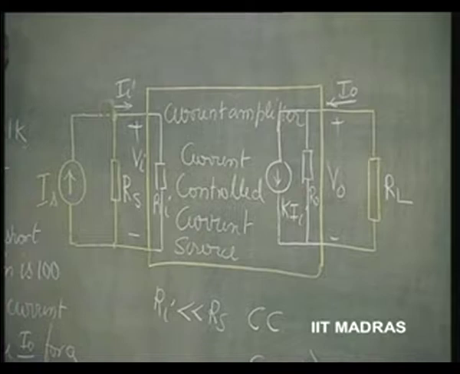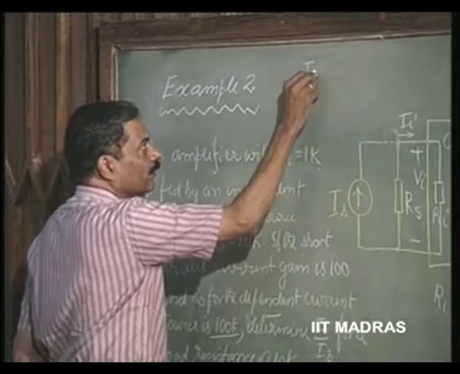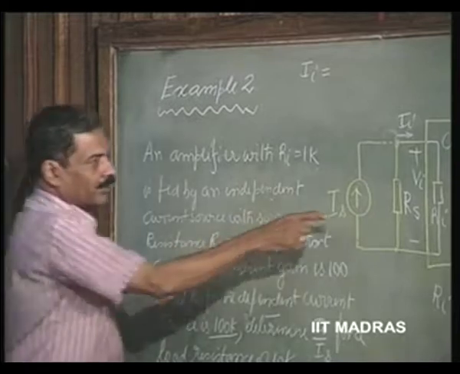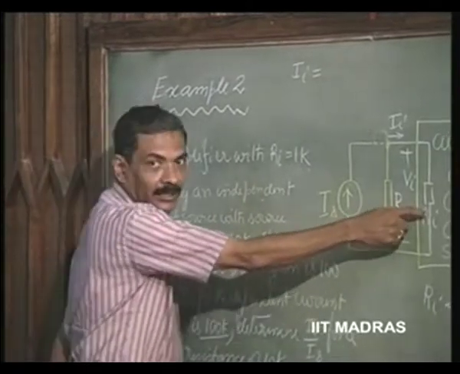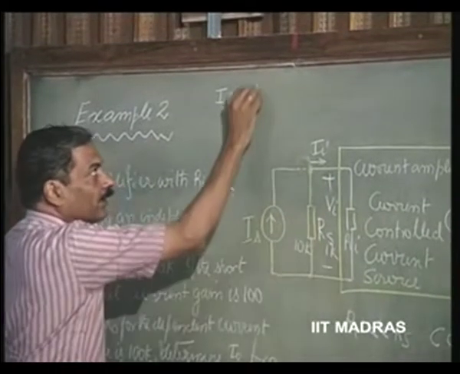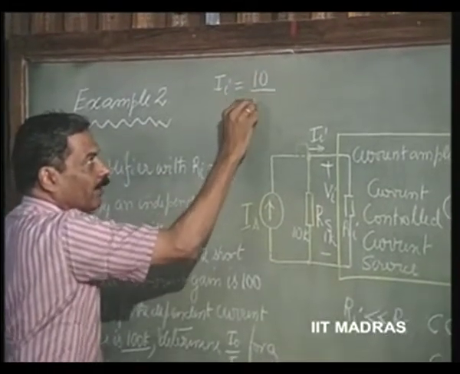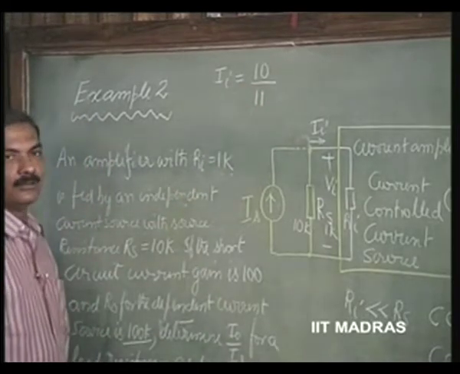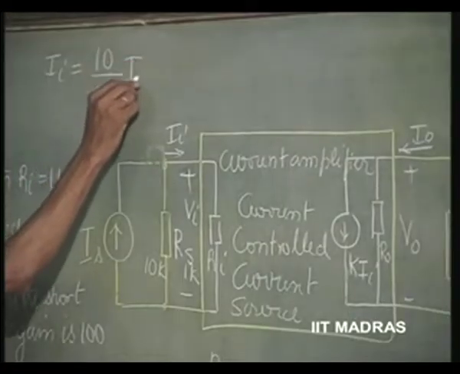So, II is going to be, this is 10 K and this is 1 K, so 10 divided by 10 plus 1, which is 11, times Is.